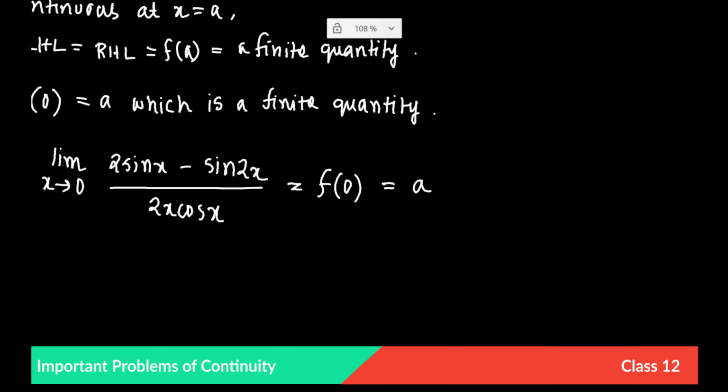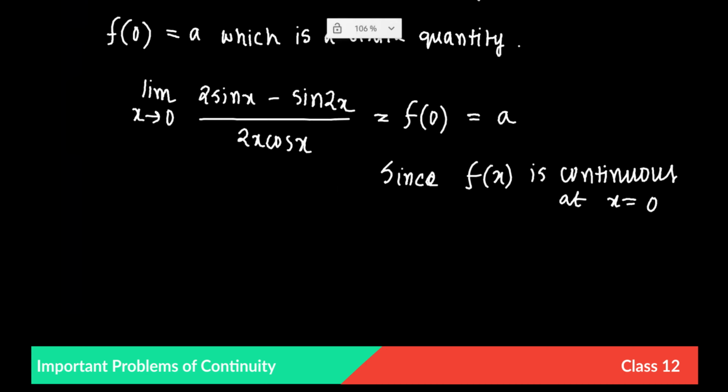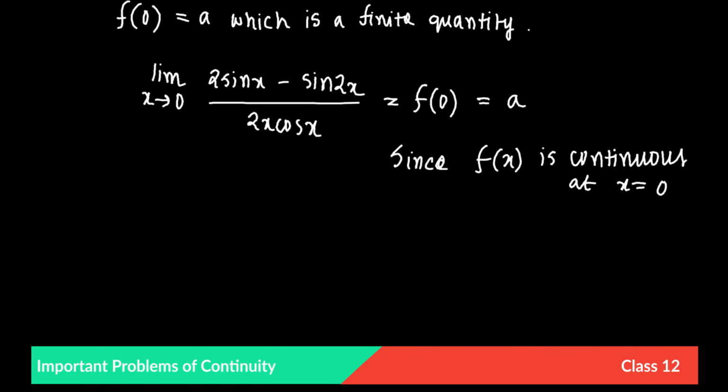Why? Because f(x) is continuous at x equals 0. This is the condition. So we have to find the limiting value of this, (2 sin x minus sin 2x) by 2x cos x. So let us find this.